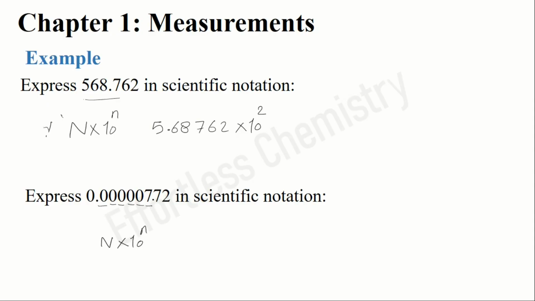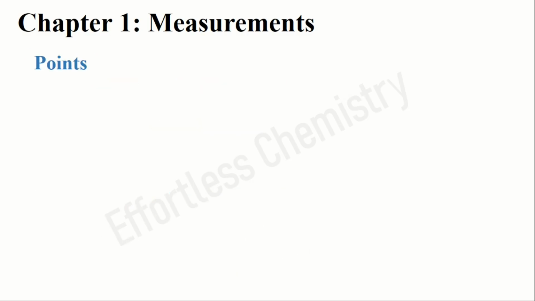So I should place the decimal point after the first 7 and write it like that, 7.72 multiplied by 10 to minus 6. Here the decimal point is moved to the right by 6 places and n is minus 6.